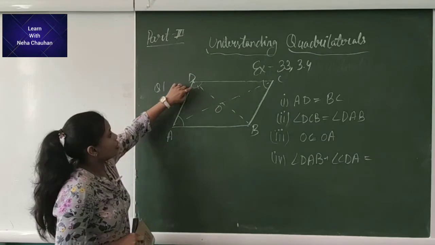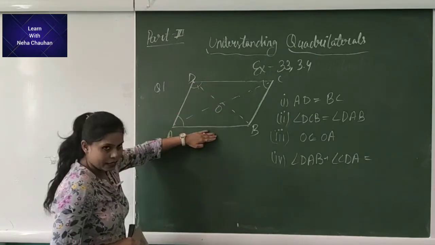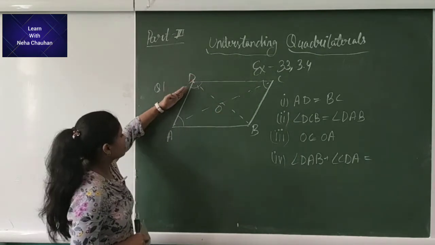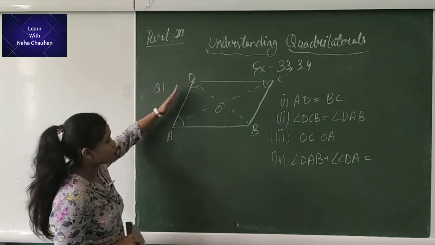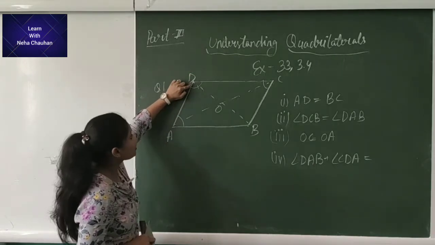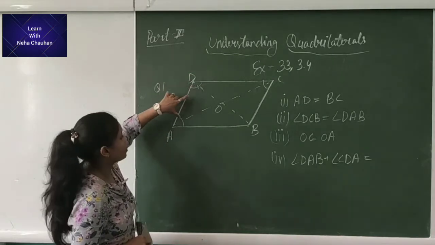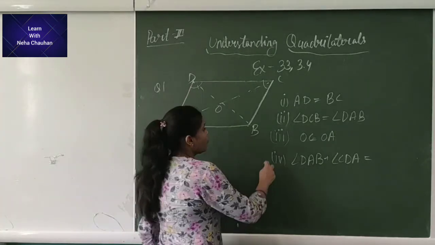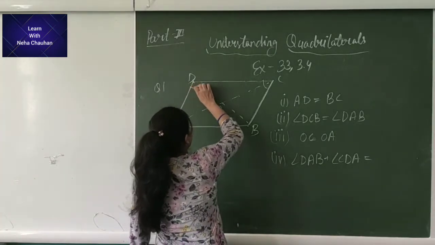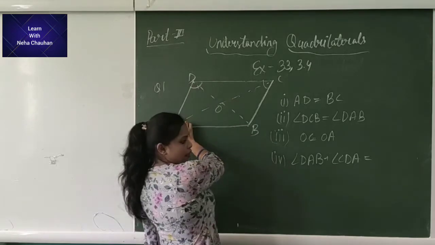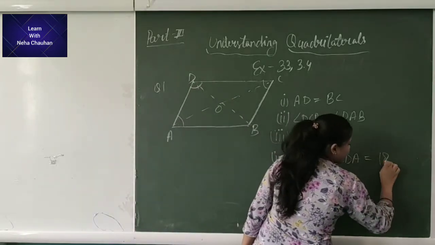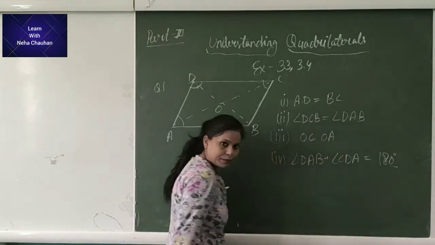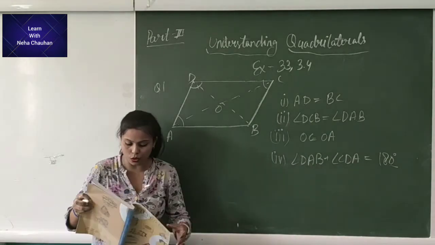Now, we know if two lines are parallel and a line cuts those parallel lines, the sum of interior angles will be 180 degrees. So, we know that the sum of angle D plus angle A will be 180 degrees. Alright. Now, moving to the question number 2.